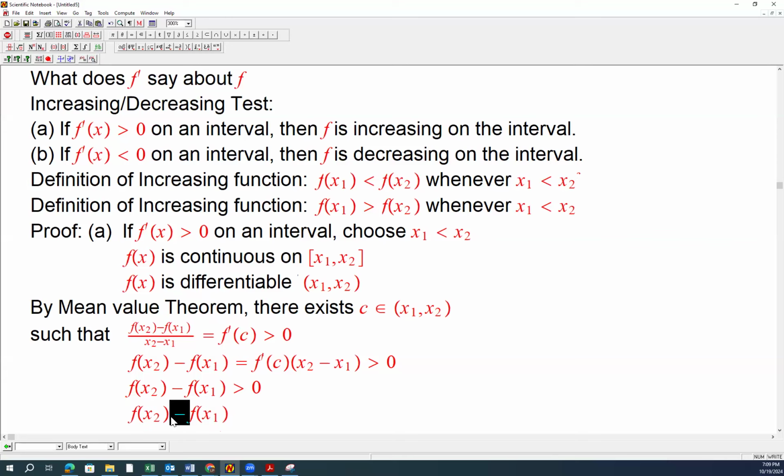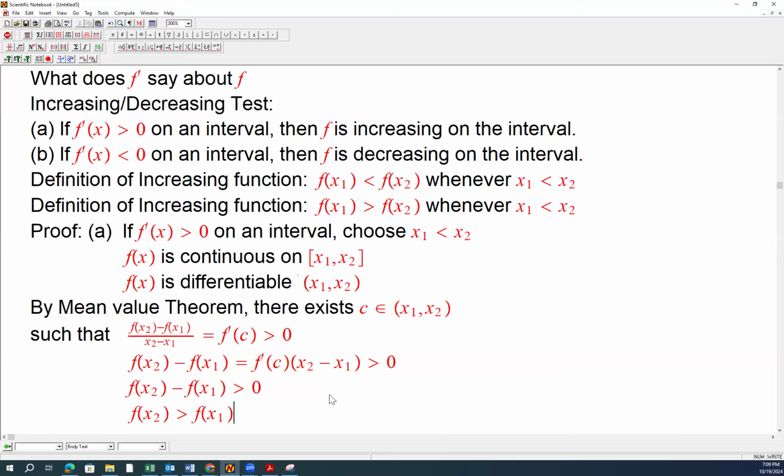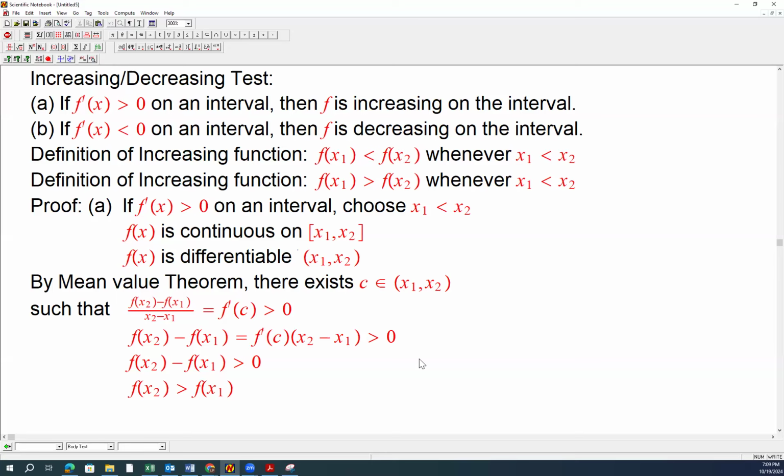So it fits the definition: whenever x1 is less than x2, f of x2 is larger than f of x1. And therefore, since we have chosen x1, x2 arbitrarily, f is increasing.